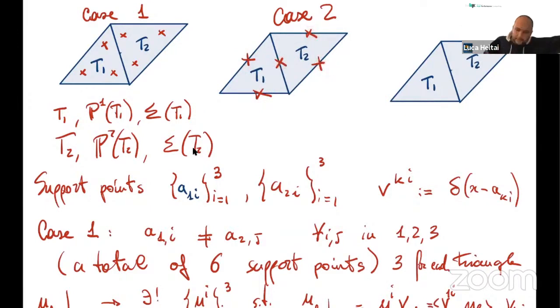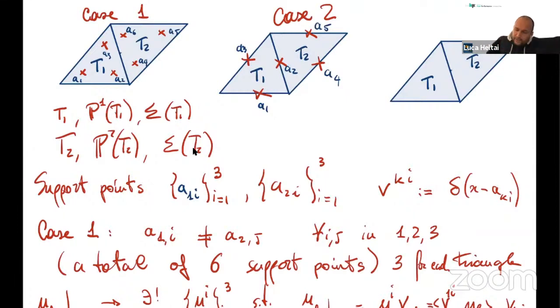So let me repeat this again. For the numbering of the degrees of freedom that I constructed now, this is A1, A2, and A3. This is A4, this is A5, and this is A6. Now here I have A1, A2, and A3. And here I have A2, A4, and A5. So there's only 5 which are distinct and unique.